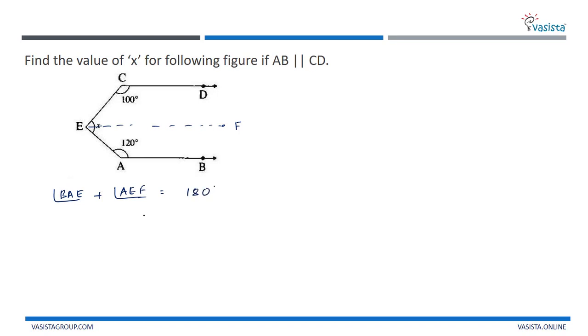Now they have given BAE, that is 120 degrees, plus angle AEF is equal to 180 degrees. So therefore angle AEF is equal to 180 minus 120, which is going to be 60 degrees.